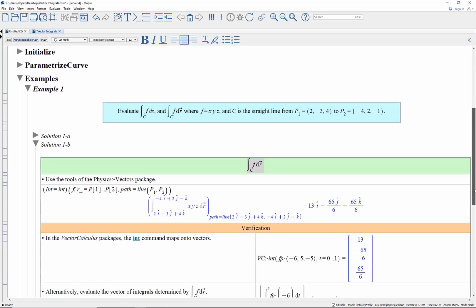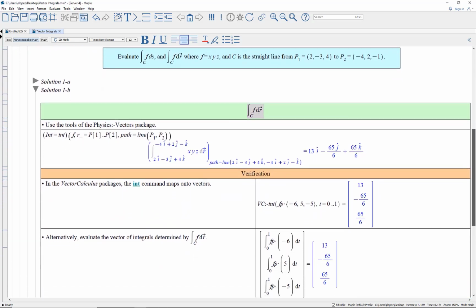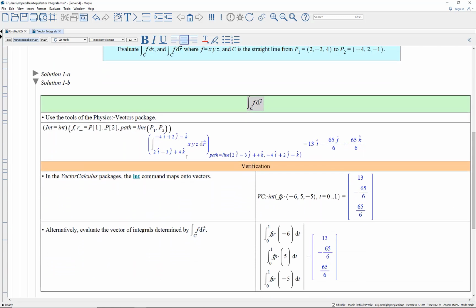We can verify this result. Let's go to the VectorCalculus package. In either of the VectorCalculus packages, the int command maps automatically onto vectors. So here we have the int command in VectorCalculus. Here is the scalar evaluated along the line. We did that earlier.